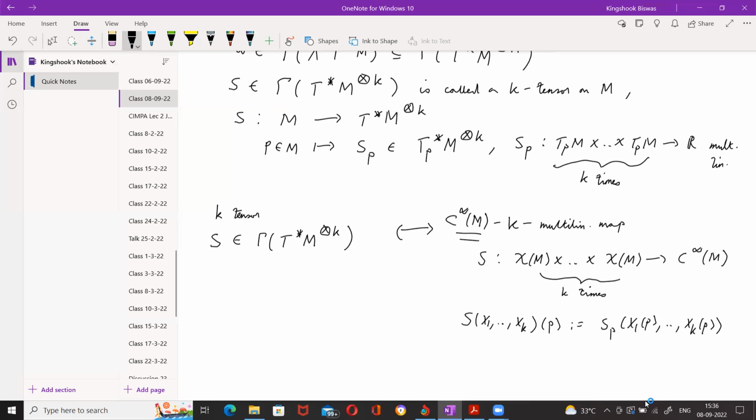And the key point is the C infinity M multilinearity. This allows us to localize at a point.